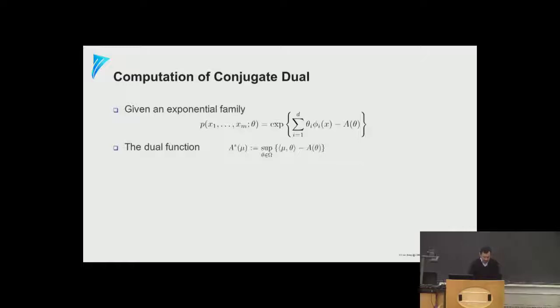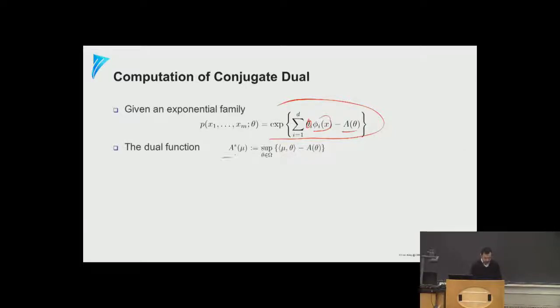Now going beyond, let's look at a more generic exponential family distribution, of this form. We still have a canonical parameter, and a vector of sufficient statistics, and we also have a potentially intractable, not even expressible, partition function.